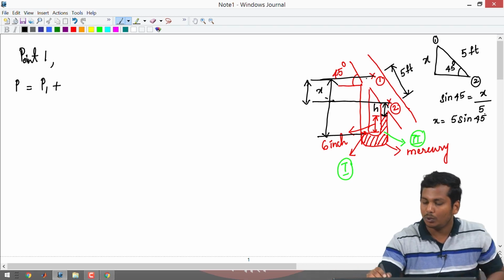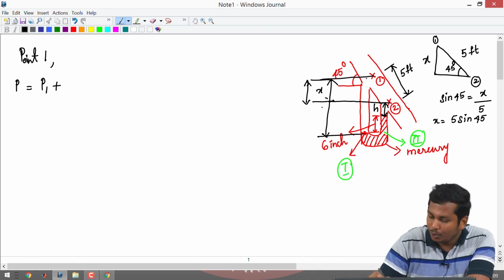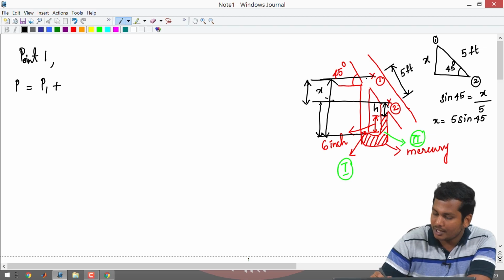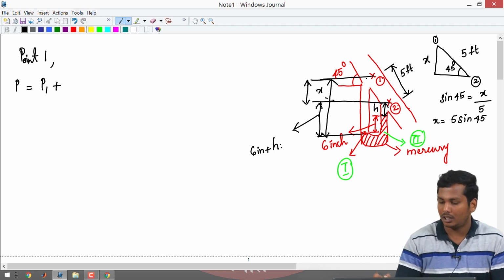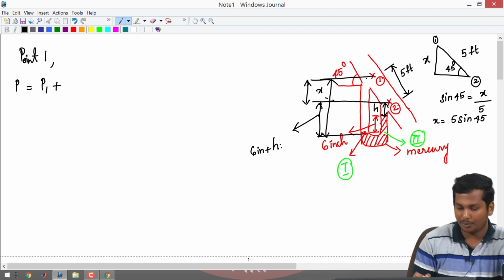So now we know x, and we already know this distance because it is nothing but 6 inch plus h. We will just keep this as h, we do not have to calculate h, we will see why.